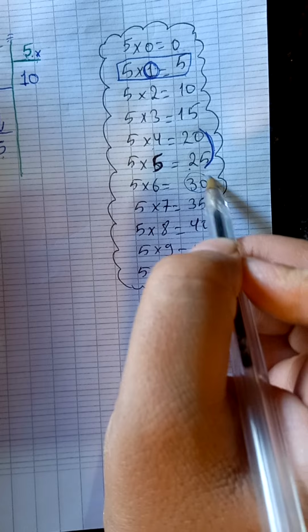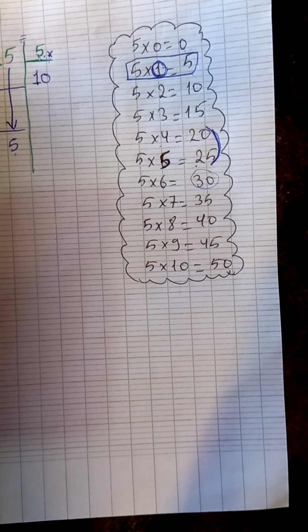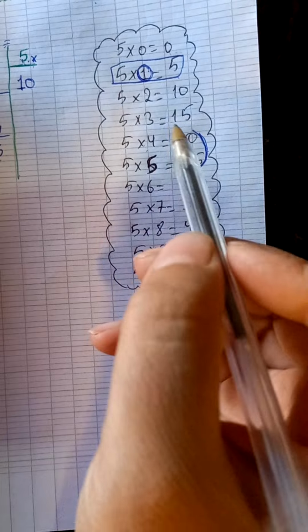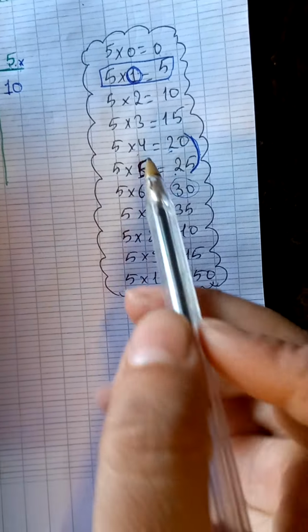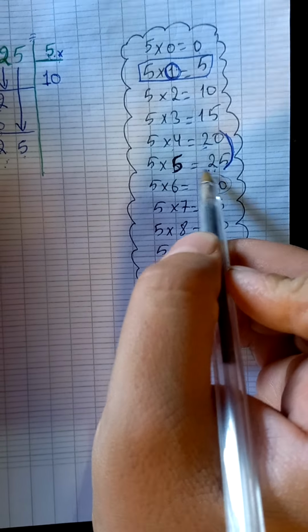I cannot choose this 30 because it's greater than 25. If I don't have 25, I have, for example, 26, I will also not choose it. I will choose 20, for example, if I have 26. Now I have the exact number as I want, so I will choose this one.